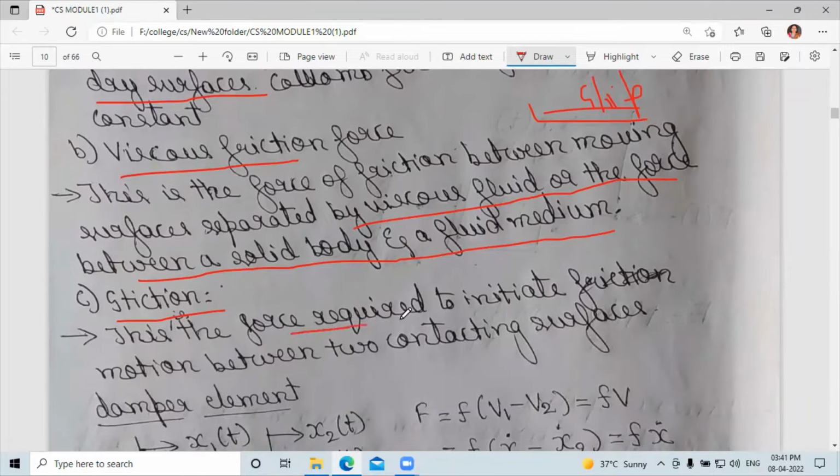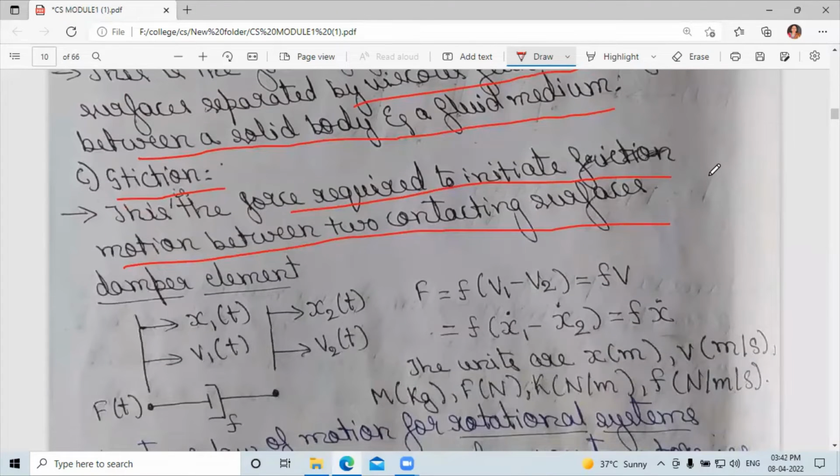This is the force required to initiate motion between two contacting surfaces. An example is a book on the table. If you want to move the book on the table, we need to apply some force.